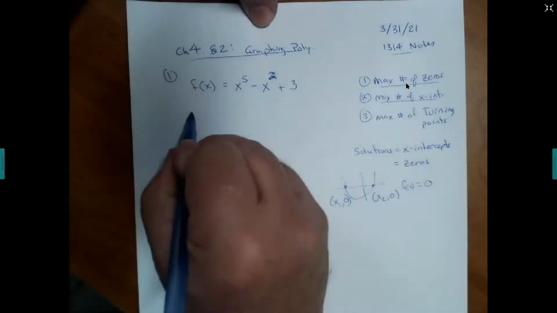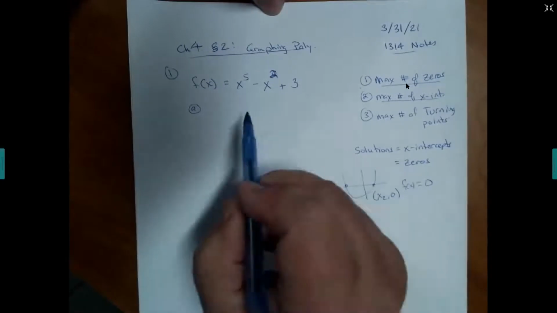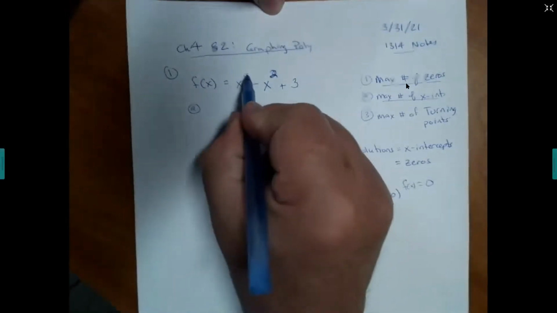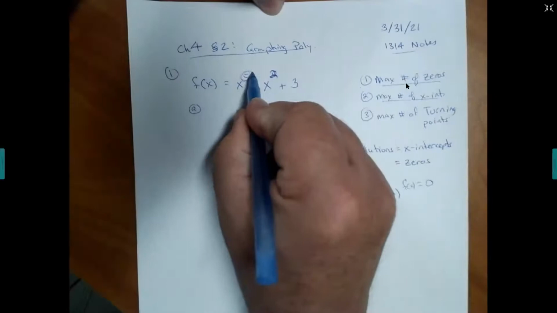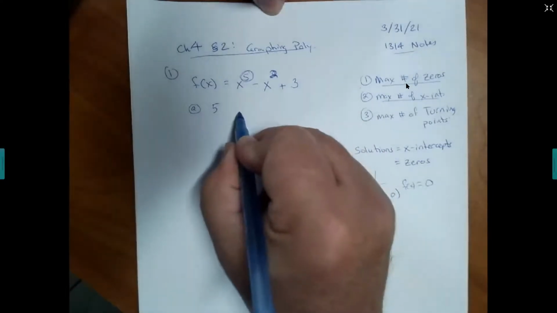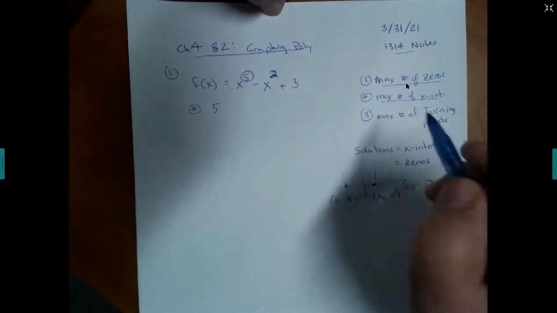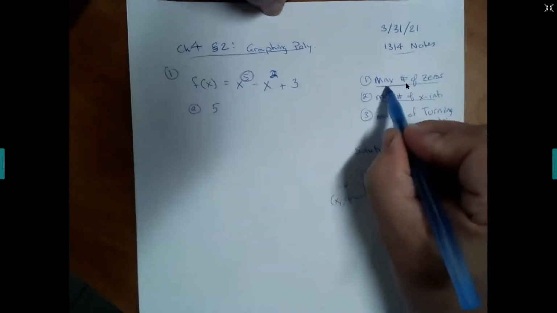So in this one, what's our maximum number of zeros? Yeah, the maximum number of zeros is that largest exponent. Now here's the question. Why does it say the maximum number of zeros?